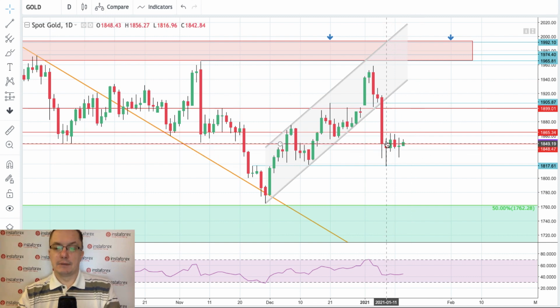But if it's challenged again, especially 1,817, then of course we can go lower towards 1,762. So that's over a $50 move on gold ahead of us, if everything goes fine.